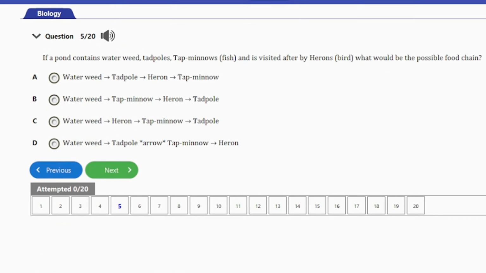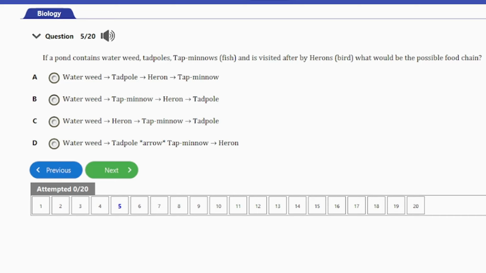Question number 5. If a pond contains waterweed, tadpoles, tap minnows, and is visited often by herons, what would be the possible food chain? A, waterweed, then tadpole to heron and to tap minnow. B, waterweed to tap minnow to heron to tadpole.